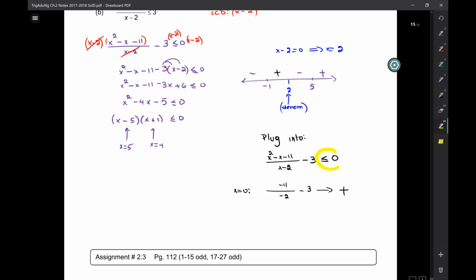We're looking for less than, so that's the region on the left and the middle. So we get x less than -1, and 2 is less than or equal to x, less than or equal to 5.